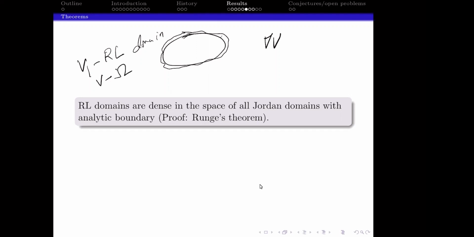Just because the RL domain and omega are close, you cannot say the number of critical points for V1 and V are close. It's not that, because typically the approximation is only at the level of the level set. So you only control V1 minus V. What you need to control the critical points is at the level of first order. You need to control both gradient V1 and gradient V. That we don't quite have.